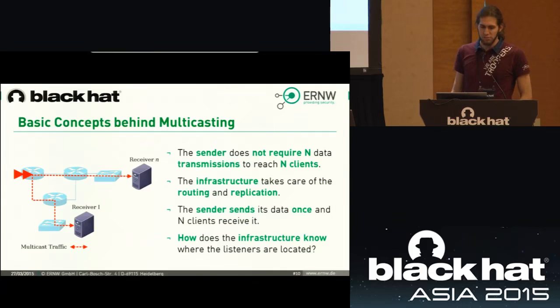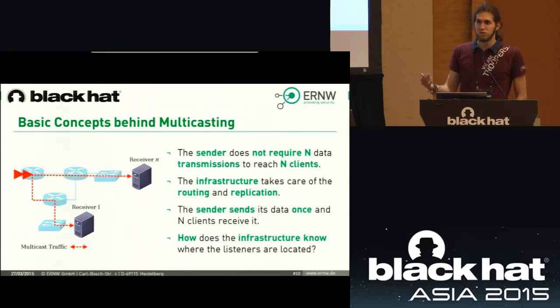So the multicast way is you have one sender which sends its data stream in the network infrastructure to a so-called multicast group, and everybody who wants to watch, like, a TV show which is presented over there, can join this group, and the network infrastructure will manage to duplicate the stream and get the data stream to the listeners.